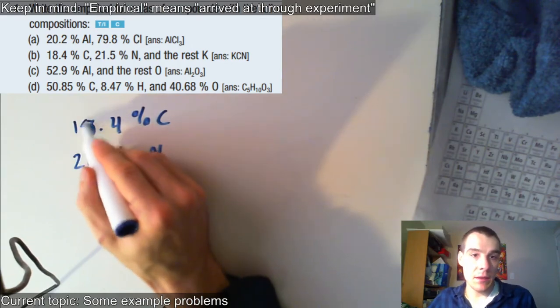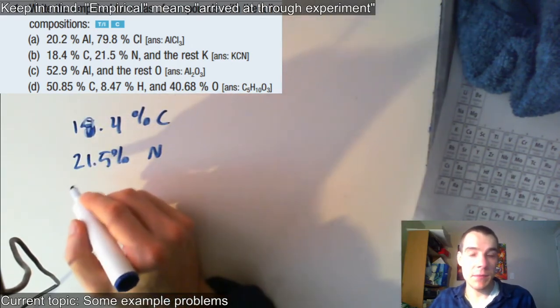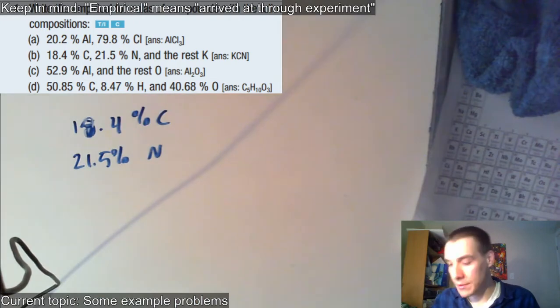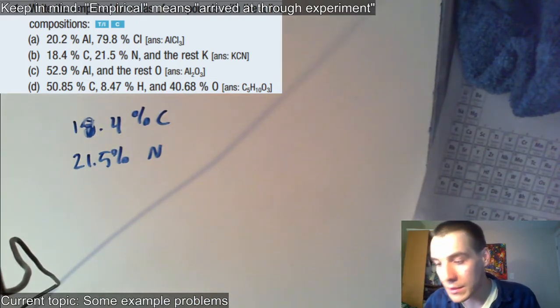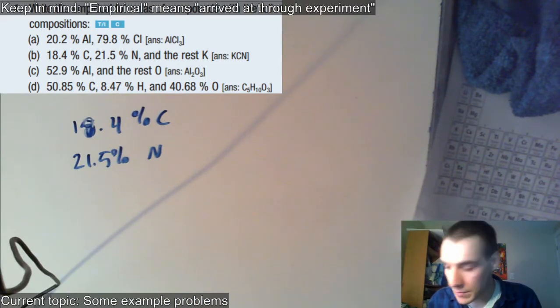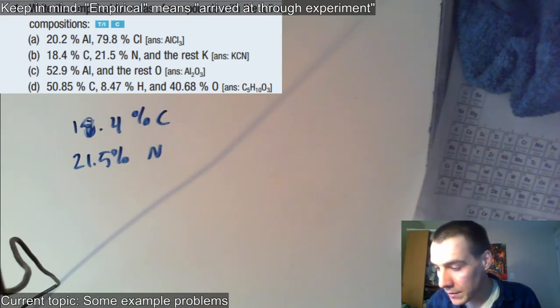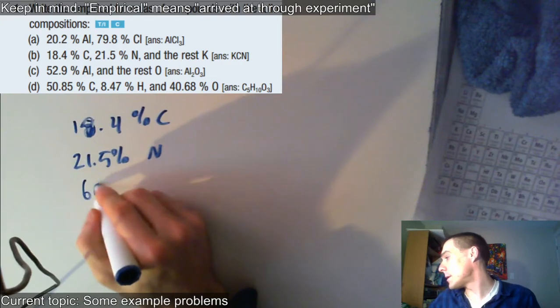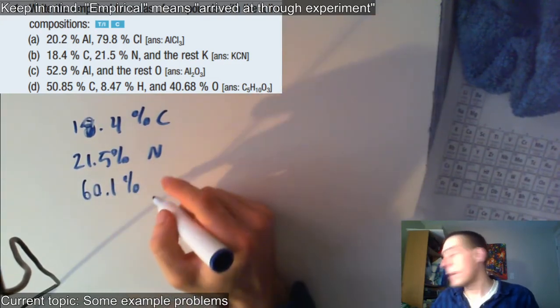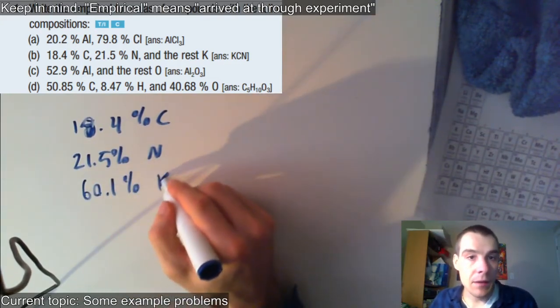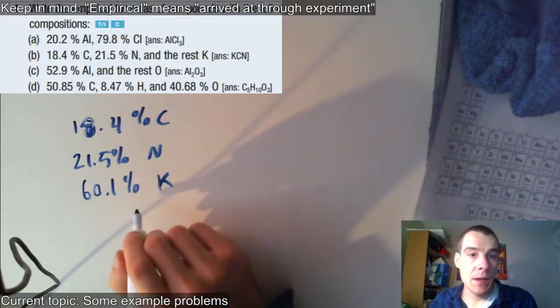And the rest is potassium. Well, whatever 100 minus those is, right? 100 minus 18.4 and 21.5 is 60.1% K, potassium.